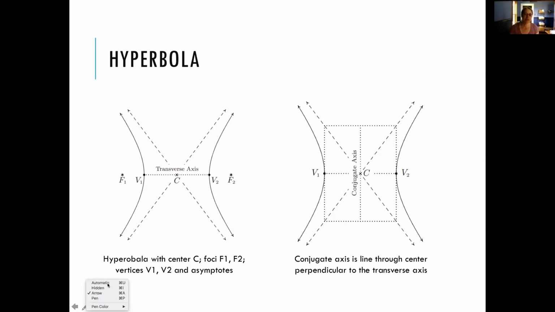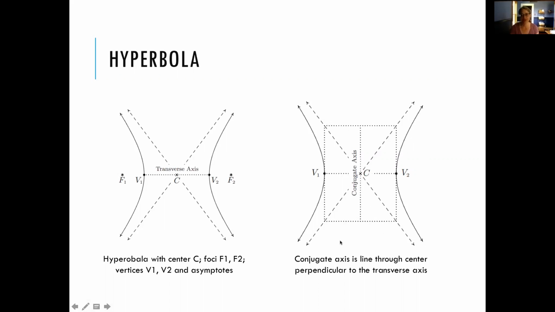This dotted rectangle you see here, we call that the reference rectangle. And it allows us to place the asymptotes.